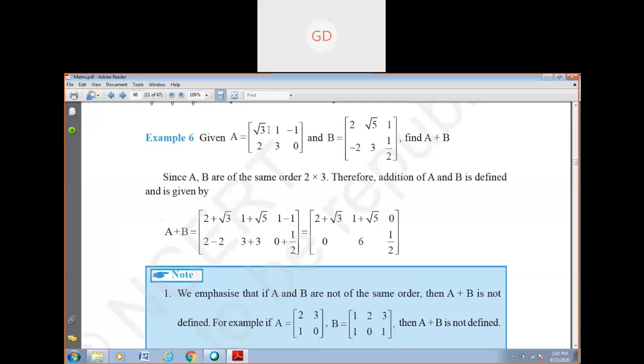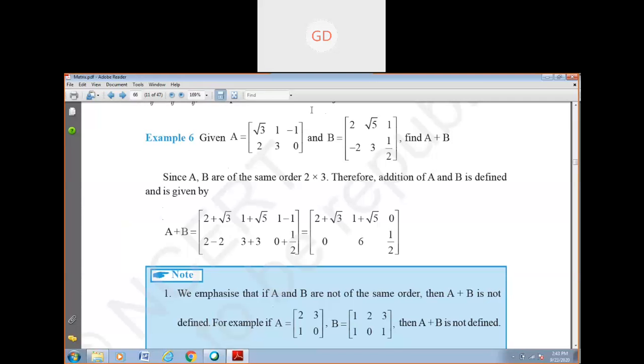Like in addition we add corresponding elements, in subtraction we have to subtract corresponding elements. And the condition on the matrices remains the same. That means the orders of the matrices must be the same.